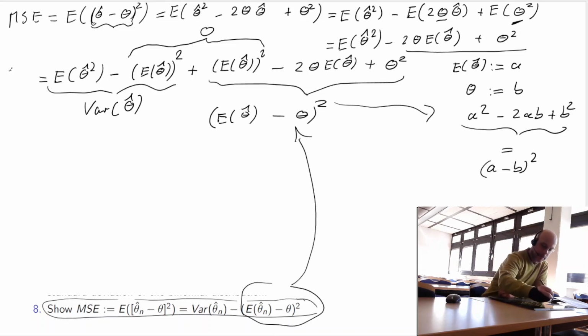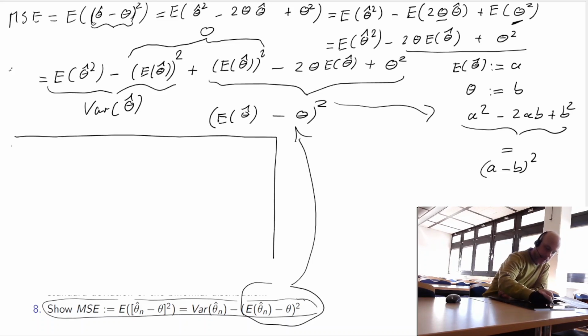And for this, we remember the definition of the variance. Variance of x equals E of x minus expected value of x, squared.